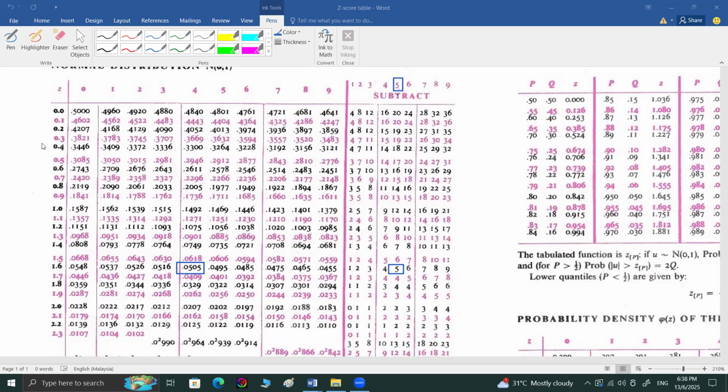So now to get the answer, class, we see 1.645. Because remember I said if you find the probability, we subtract. Now, given the probability, we find back the Z, we add. So 1.645.